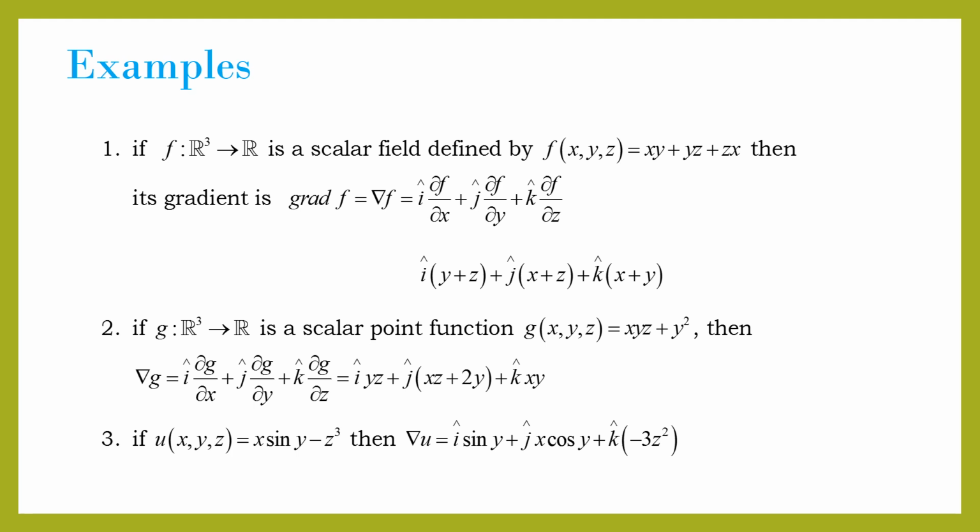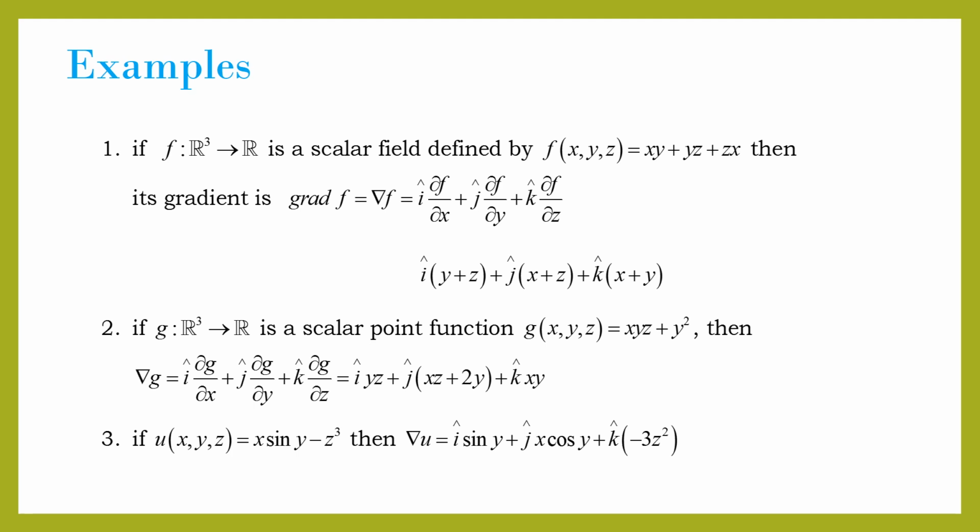Now, the gradient of this function is gradient of f or del f equals i cap (y plus z) plus j cap (x plus z) plus k cap (x plus y). So, this gives the gradient of the given scalar point function. Our second example is g of x comma y comma z equals xyz plus y square.